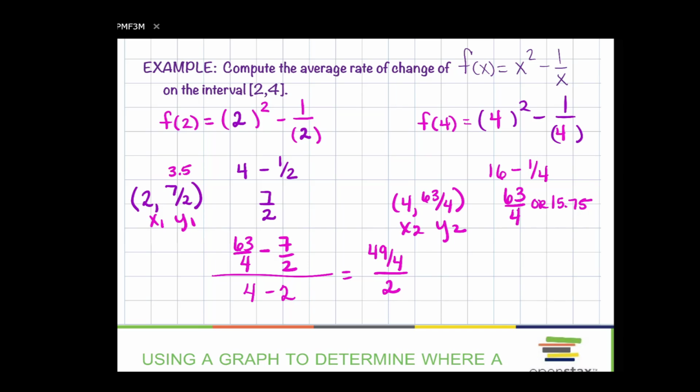So 49/4 divided by 2, or 12.25 divided by 2, we're going to get 49/8, or 6.125.